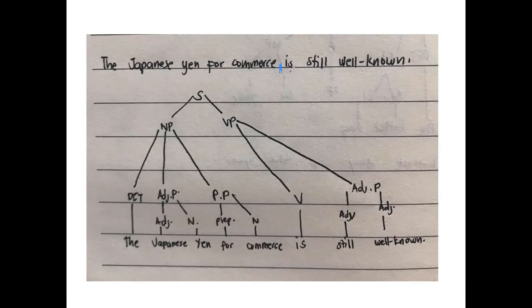Everyone, please be reminded that is not an auxiliary in here. This is a linking verb. It links the Japanese yen, and this is considered a verb, not an auxiliary.